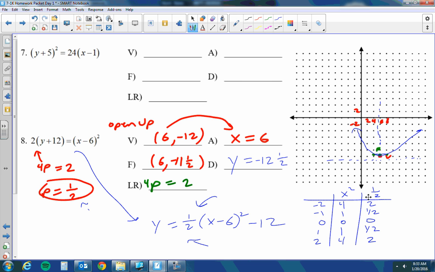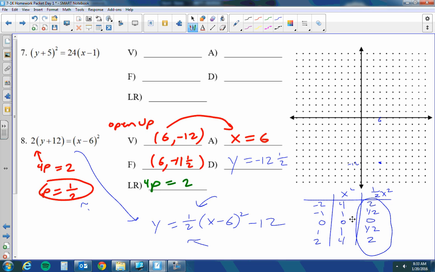And what this represents is not hard coordinates, but actually, from the vertex. Well, here, I'll just show you real quick. The vertex is at 6, -12, which is here. Mind you, we're going by 2s. This is -12, this is 6.